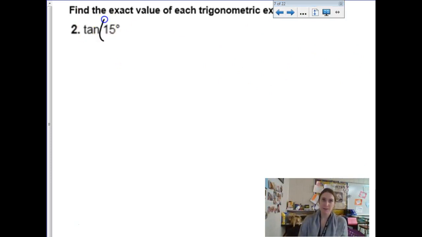Now, 15 always messes with me because there are so many different ways that we can come up with 15. I'm thinking 60 minus 45. And the reason I'm going with this, instead of 45 minus 30, is I think about the tangent value at 60 degrees versus 30 degrees.